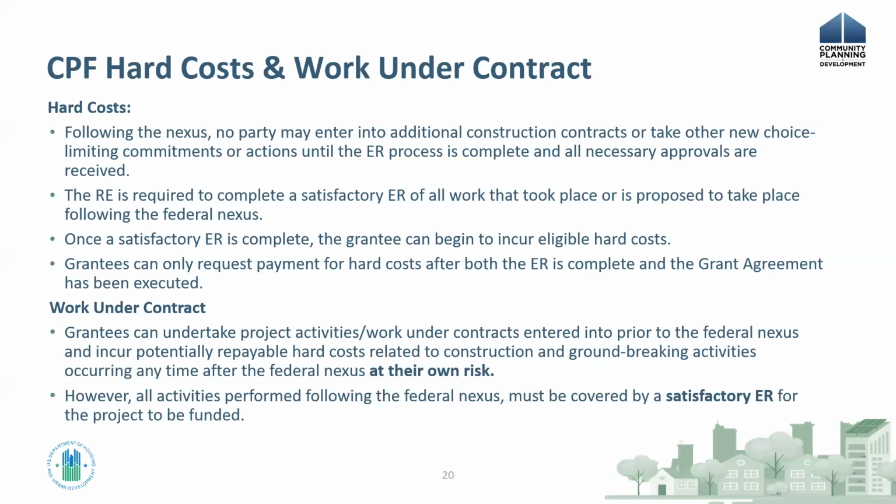The reason for this is that if you, as the grantee, had already entered into a contractual obligation prior to the project becoming federalized, prior to that federal nexus date, HUD really can't tell you outright that you cannot move forward with that project. You have a contractual obligation to move forward with those activities.